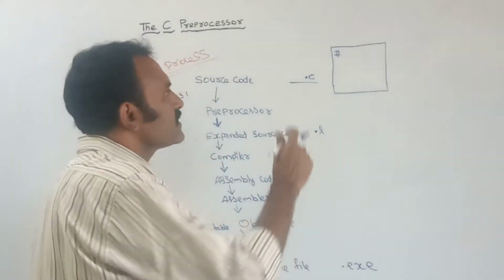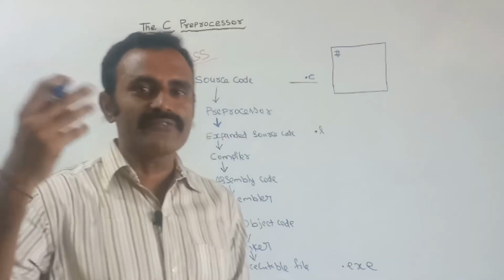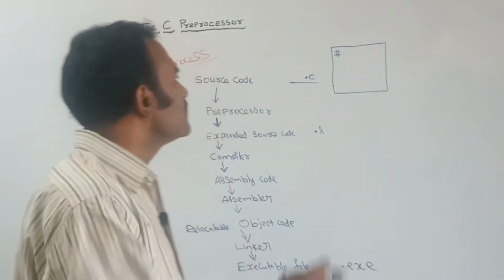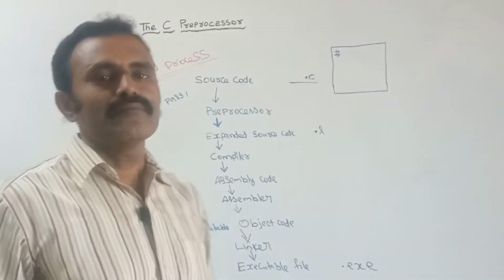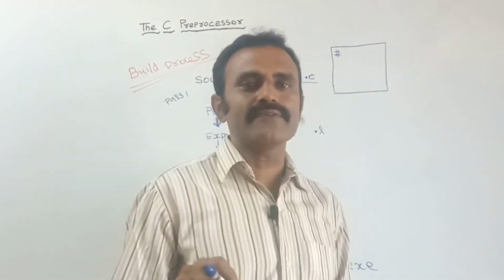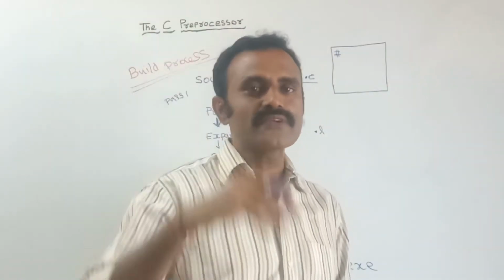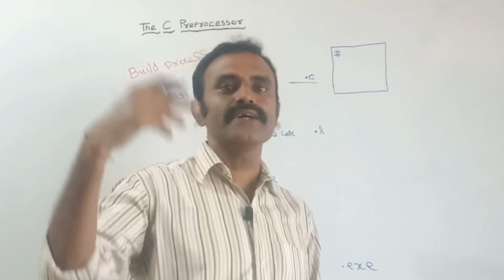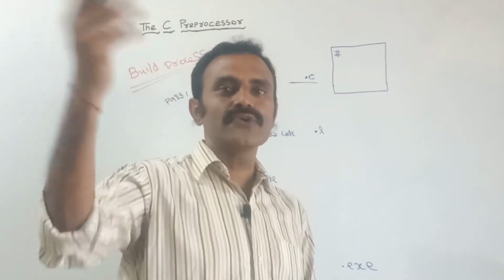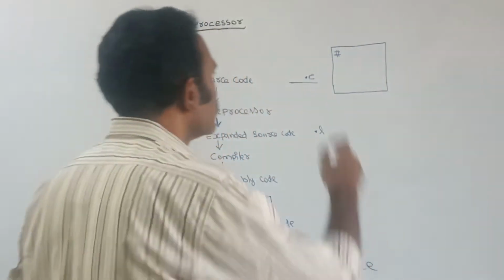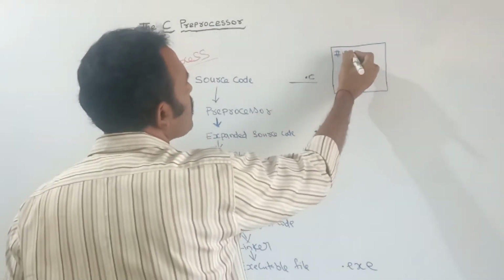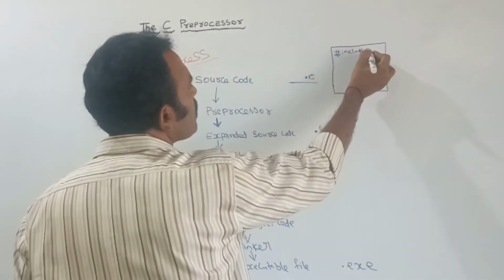So at the very first, when we are including the library file, here we will use this hash symbol. After that, by using the include directive, that is a preprocessor directive, we will include the header file. That is, standard built-in functions are included in our source code. So here, include stdio.h.